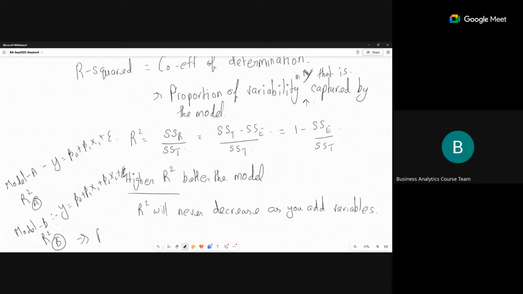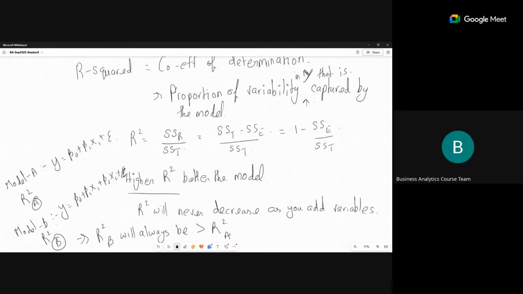You will see that R squared B will always be greater than R squared A. This is always the case. As you add more variables to the model, automatically the SSR will increase and hence the R squared will increase.